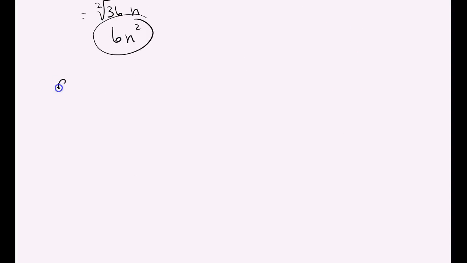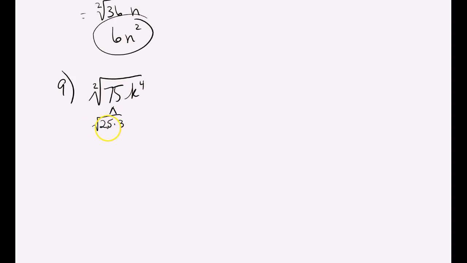Number 9, the square root of 75k to the 4th. Okay, so this is kind of the same thing that I did on the other page. There's an invisible 2 here. Maybe you should write it if it helps you. And now we break these down separately. So a number that goes into 75 is 25 times 3, right?